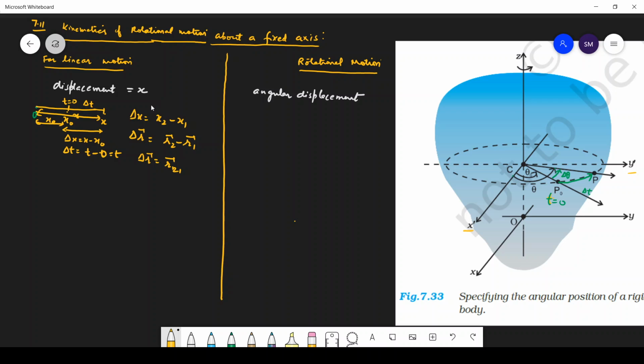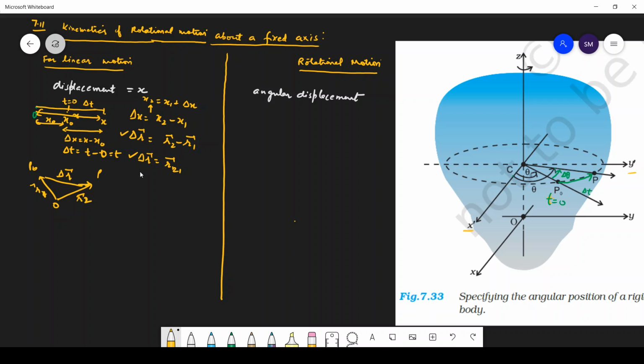And further, the final position you can write as x2 equals x1 plus delta x. In terms of position vector, the body was here at r1, this is the point P naught, and this is the position at P, with position vector r1 and position vector r2, and this is the delta r position vector.